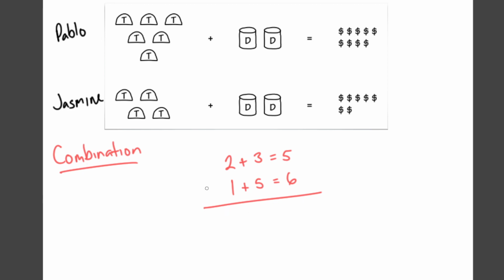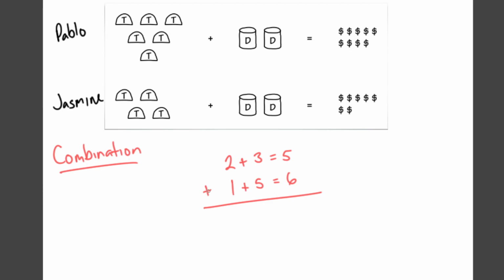So for example, if I add these two equations together, I get 2 plus 1 gives me 3, 3 plus 5 gives me 8, is equal to 5 plus 6 gives me 11. And 3 plus 8 is equal to 11, so that would be true.